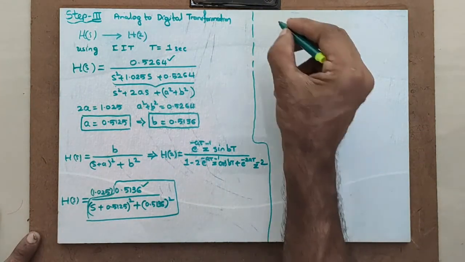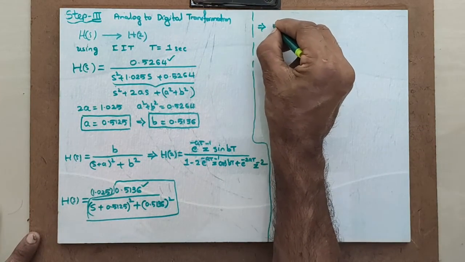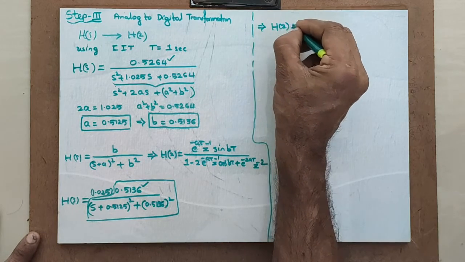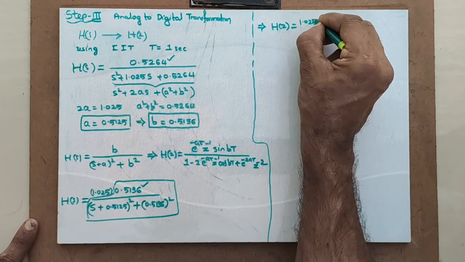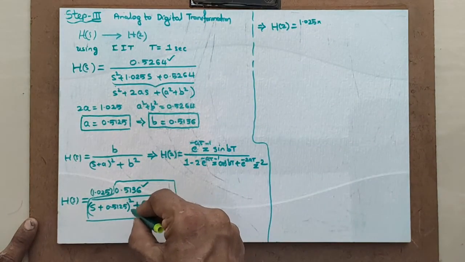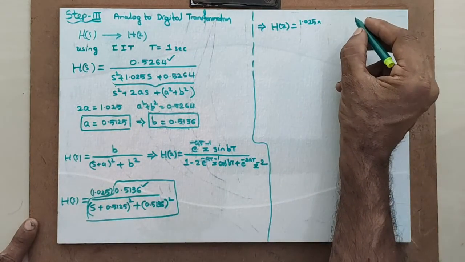This implies me that H(z) correspondingly must be equal to that 1.025 I have written as it is. Next, 0.5136 is a standard b divided by type.